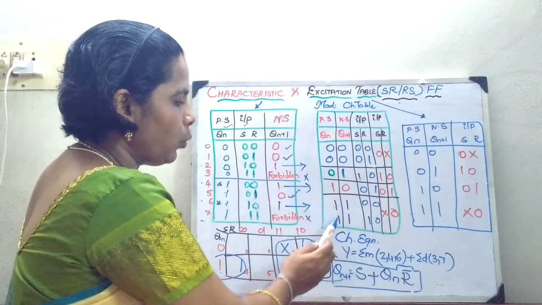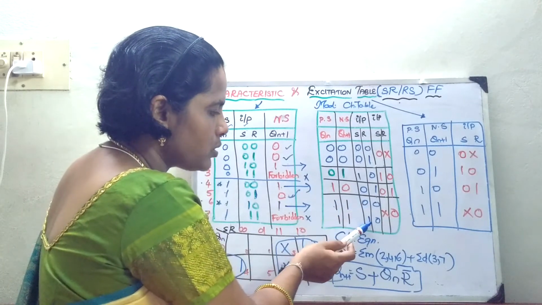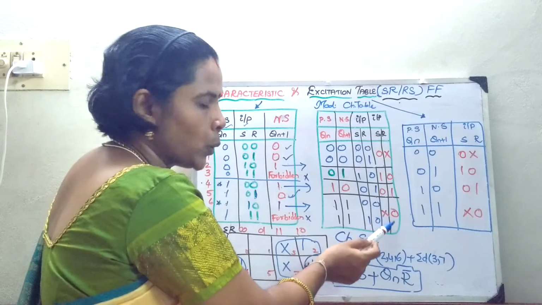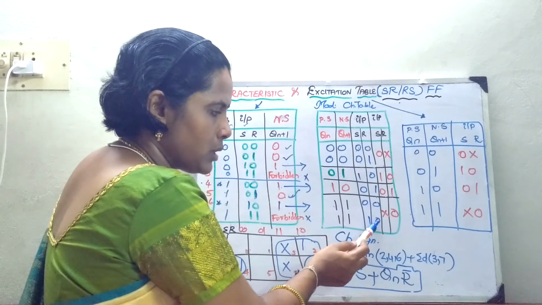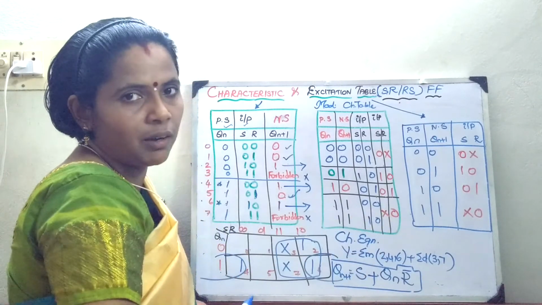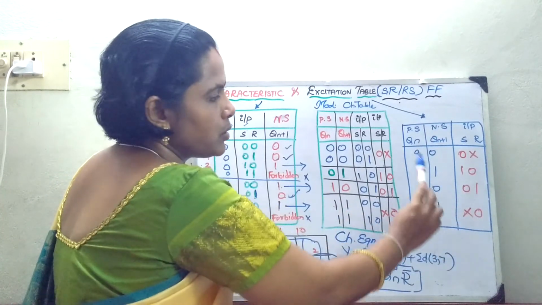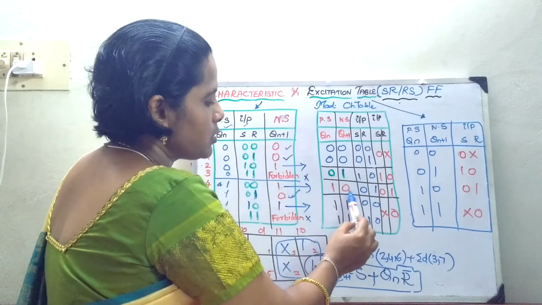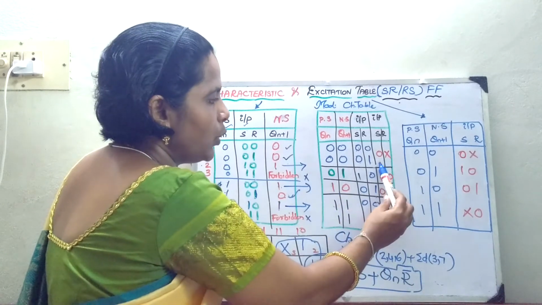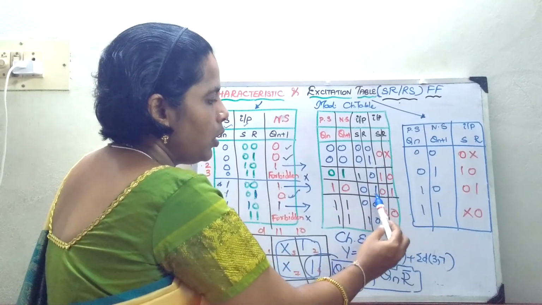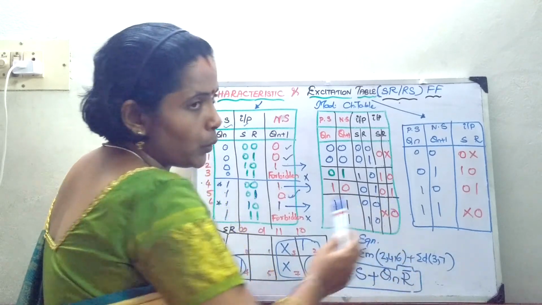Now, when you are coming for your 1, 1, for 1, 1 I am having 0 and 1 combination, so it is don't care. Whereas if it is going to be 0, 0, the output I can generalize and write as 0. Now, this is the simplification I have written for the 0, 0, 0, 1, 1, 0, 1, 1 combinations. What is the value? 0 x, 1 0, 0 1, x 0.